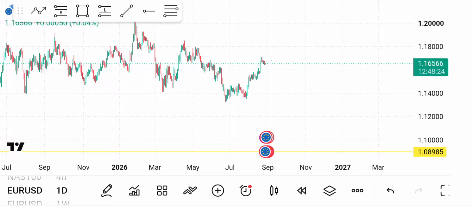But those time frames have their normal behavior. So we can say our top down analysis is monthly, weekly, then we use daily and 4 hour for our point of interest area, then 1 hour and 15 minutes for our confirmation plus entry.